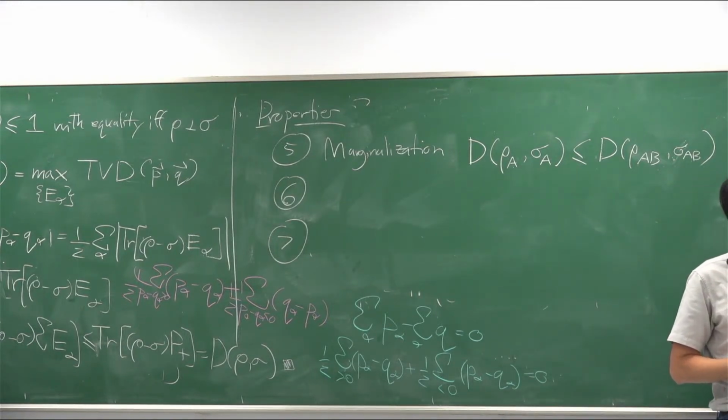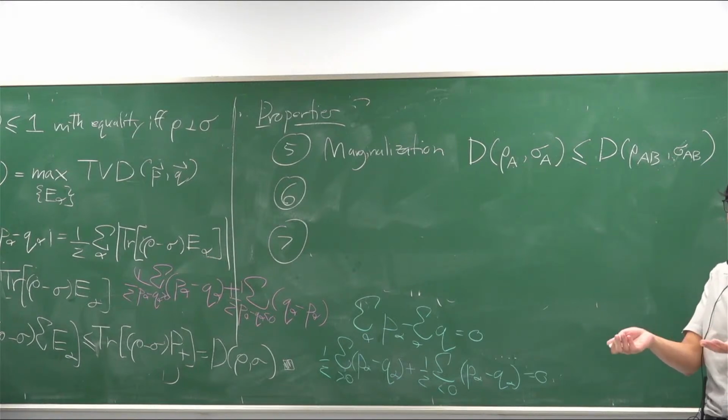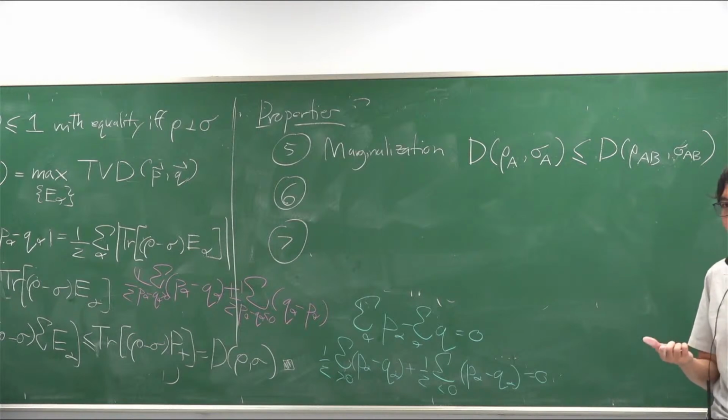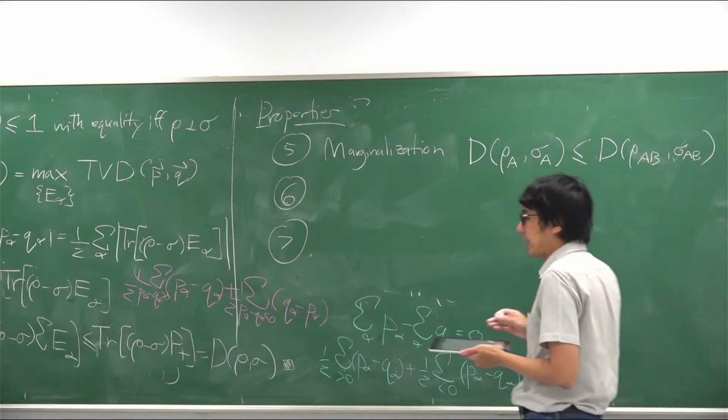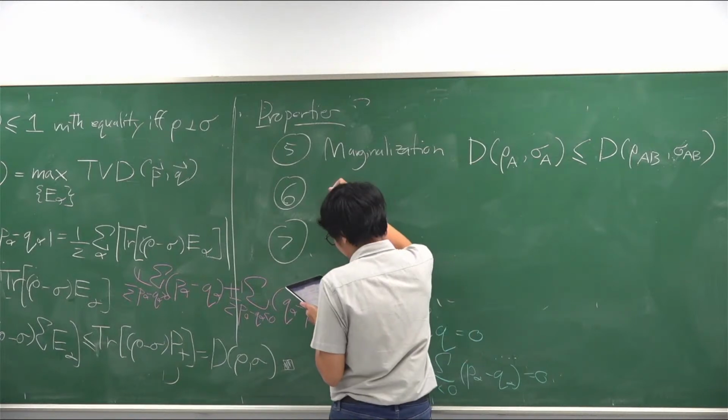There is no way to increase distinguishability in general. Because if there were a quantum operation that can increase distinguishability, you would always be able to distinguish states that are not orthogonal, right? So this is some kind of fundamental information theoretic limit.